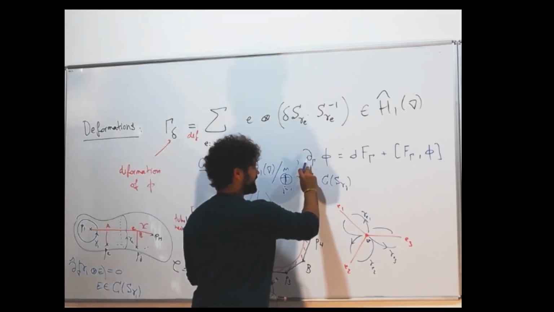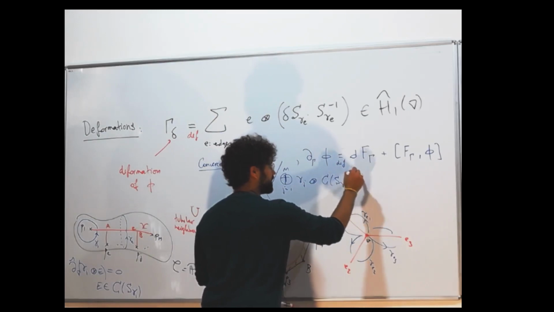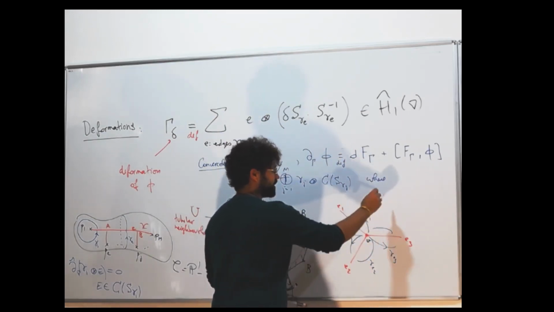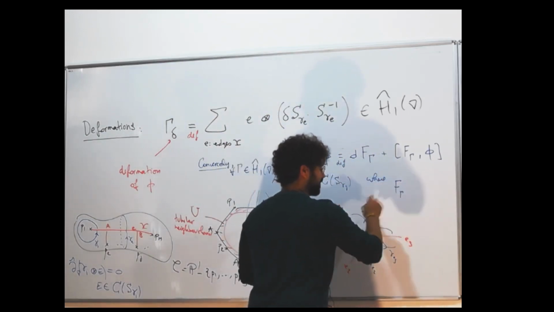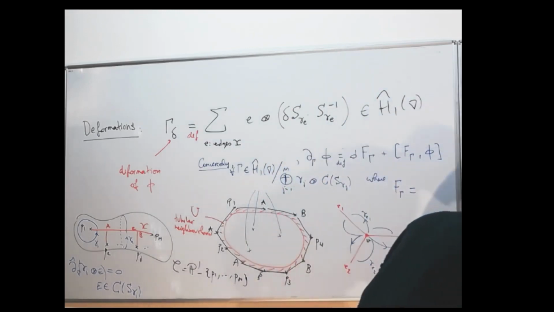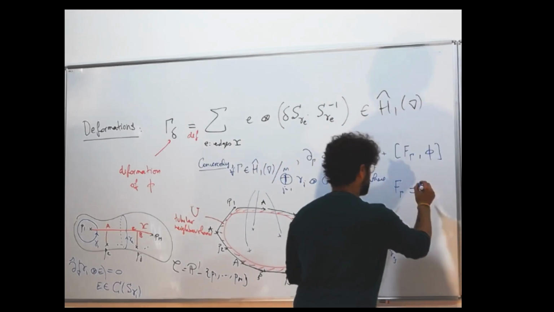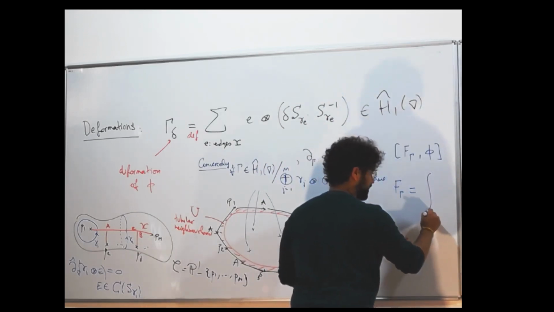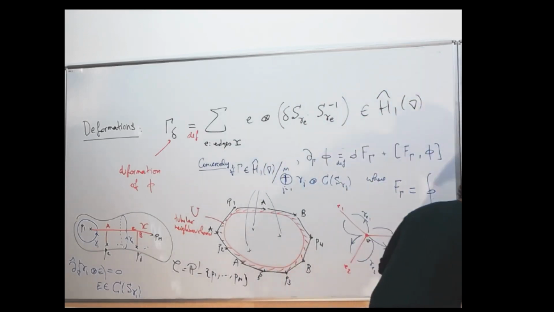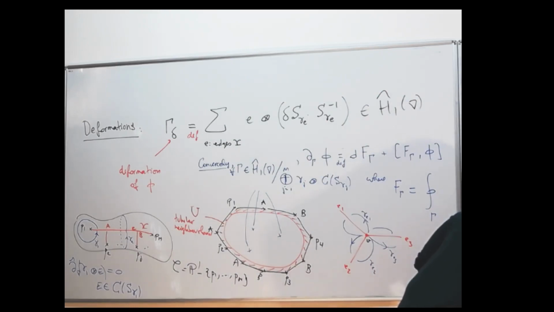You can define d gamma of phi in such a way where f of gamma is the integral on gamma of m.